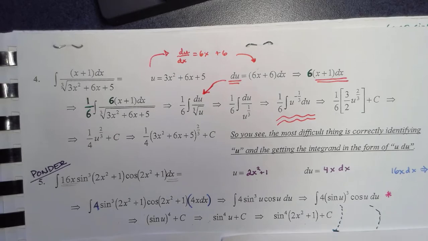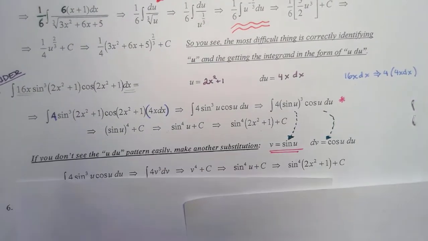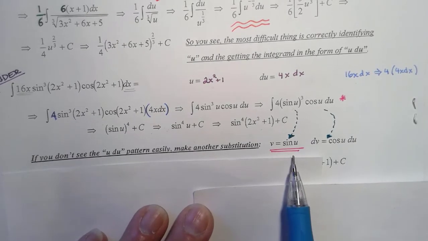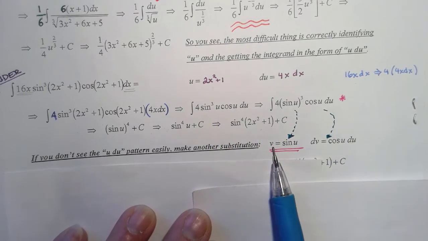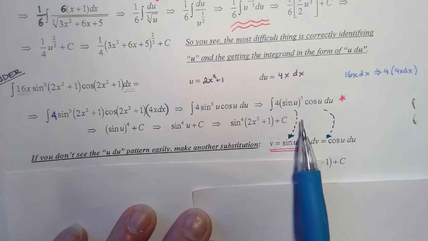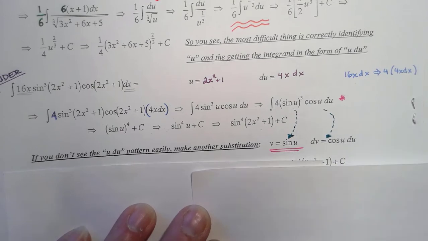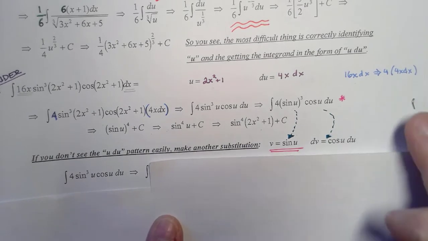There's our answer. Now there is a whole other way to think about this problem. If you didn't see the u du pattern, let's make another substitution. Now since we've called this to be our u, let's let v equal the sine of u, and therefore dv would be cosine of u du. So our integral from this point becomes that.